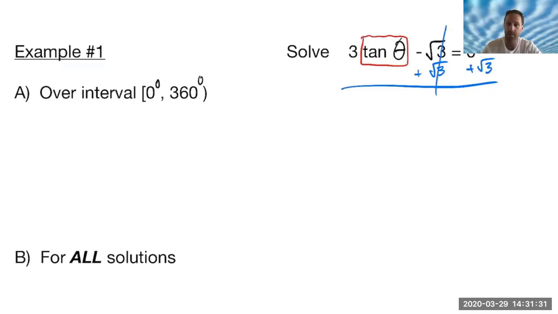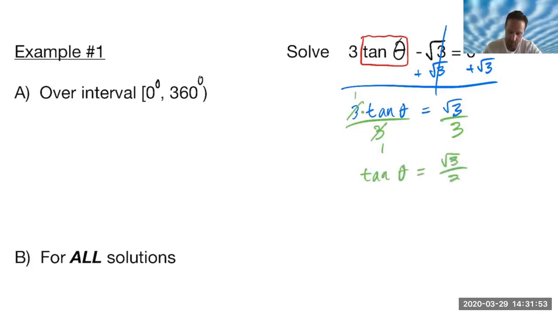So then that becomes a 0, and I'm simply left with 3 times tangent theta equals 0 plus root 3, which is the square root of 3. Next, I'll go ahead and try to undo the multiplication by dividing both sides by 3. And now that becomes a 1 times tangent theta, and it's equal to the square root of 3 over 3.